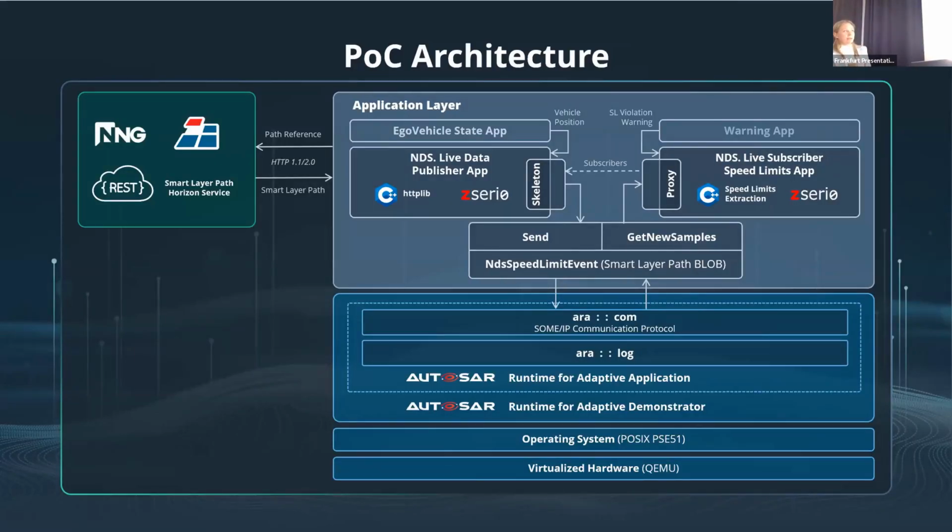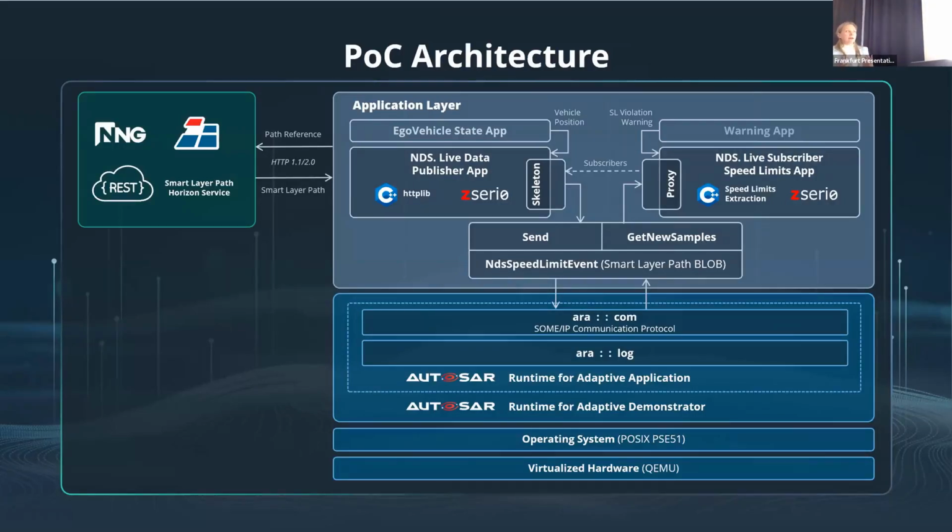It packs the car position and sends it to the Smart Layer Path Horizon service. Then it receives the NDS data, packs it into the data structure for the events, and pushes this event to the internal communication channels of ara, the adaptive runtime.